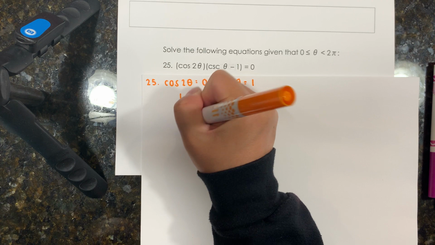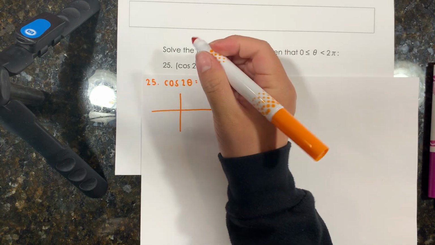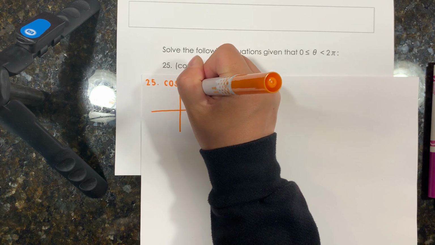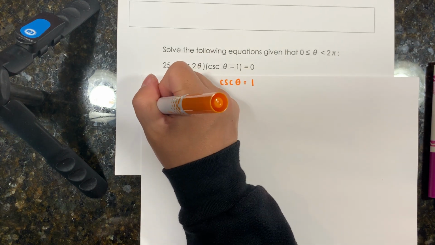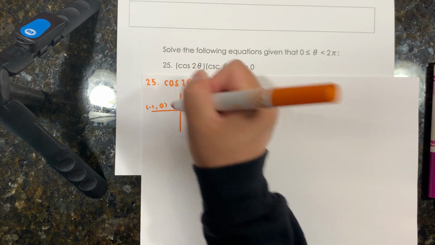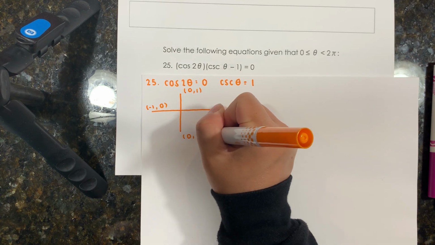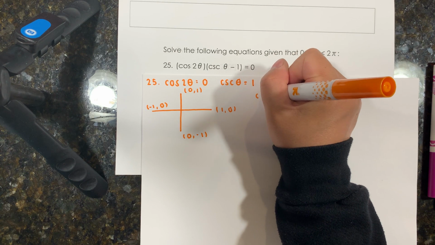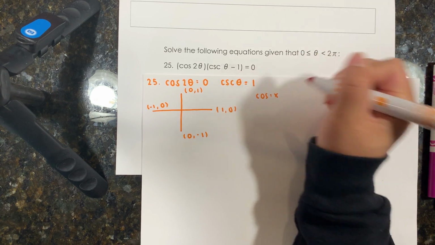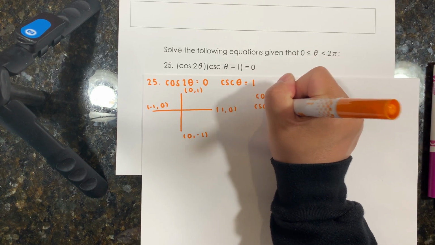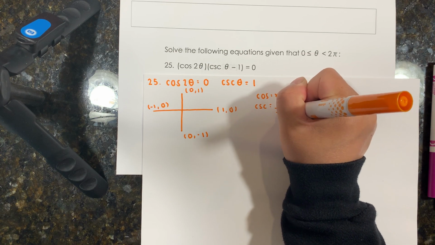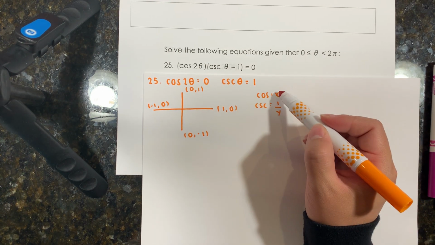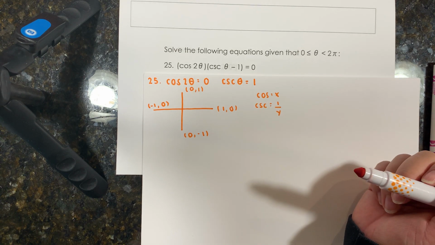So I'm going to draw my unit circle. 1, 0, 0, 1, negative 1, 0, 0, negative 1. Now cosine is equal to the x coordinate. Cosecant is 1 over y, which means I'm looking for where the y coordinate is positive 1, looking for where the x coordinate is 0.